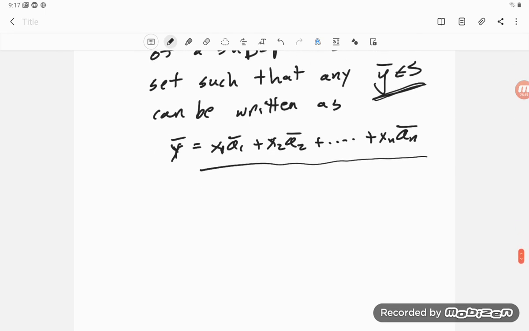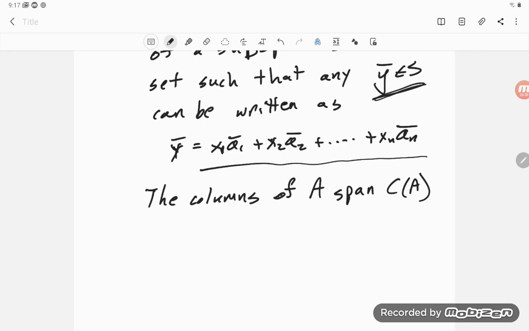Okay, so just by definition, the columns of A span the column space of A. Okay, just by definition, because it can't be in here unless it's a linear combination of the columns.